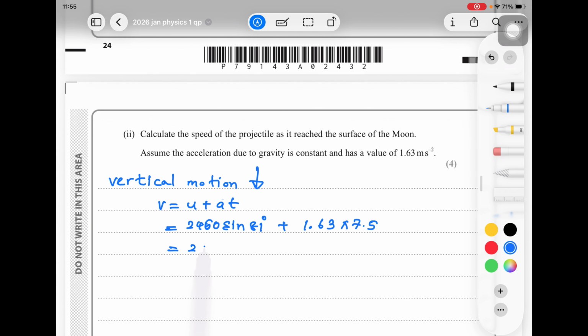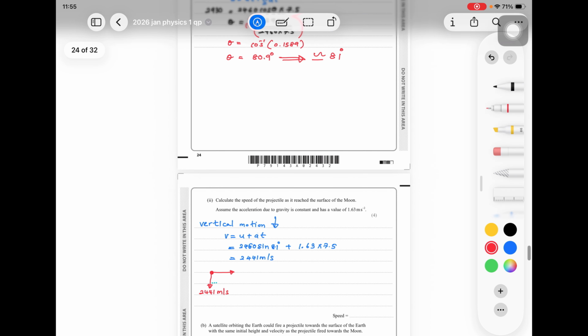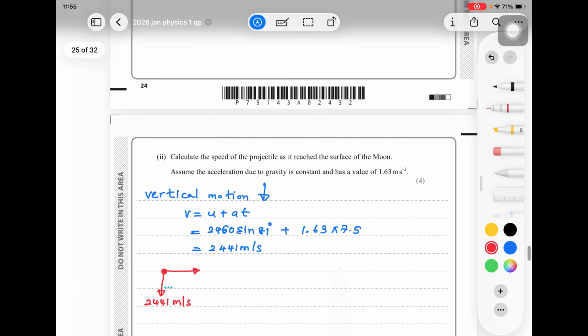Now we have the vertical component. If I redraw this, or take this particle, downwards they have 2441 meters per second. Horizontally, we have 2460 cos 81.